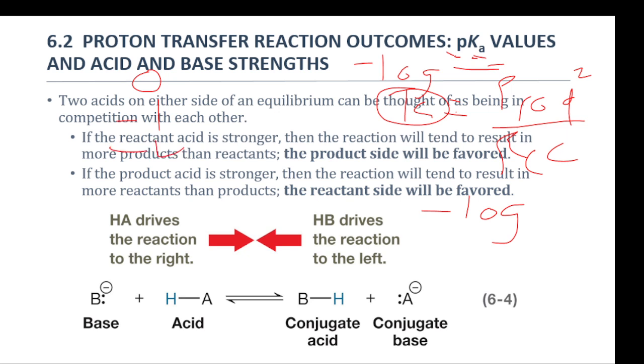Negative 4. And so what direction is this going? Yeah, negative. We're going to be going downwards. And so, if your reactant side is favored, it's going to go the opposite direction. Your Kas will get smaller valued. Your pKas, on the other hand, are going to become larger positive value numbers.